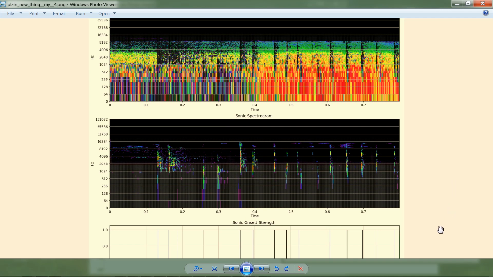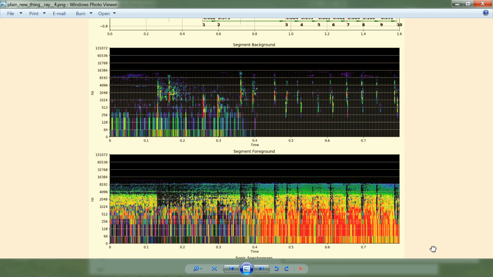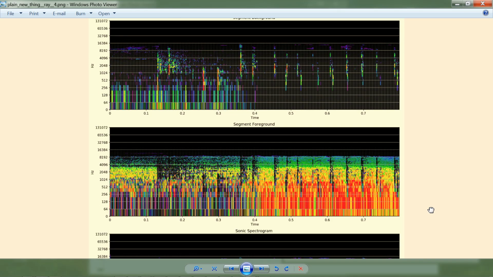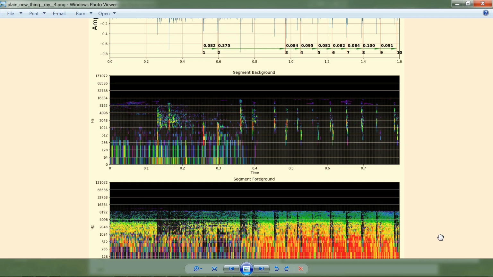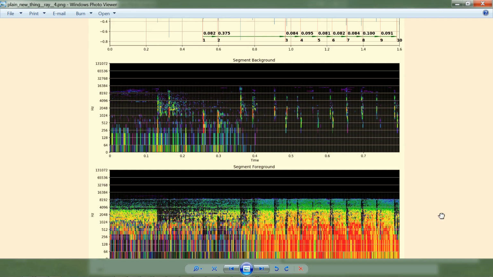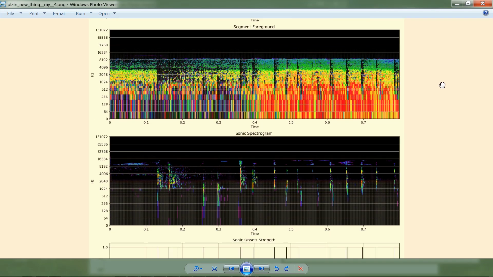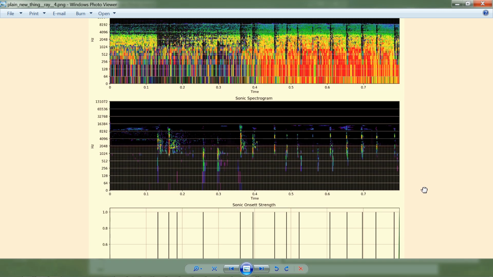Once I extracted out the foreground and the background, I also looked at the remainder of the sounds that were left, and it actually turned out to be better than either the foreground or the background extraction. So you just never know which techniques are going to be the most useful.